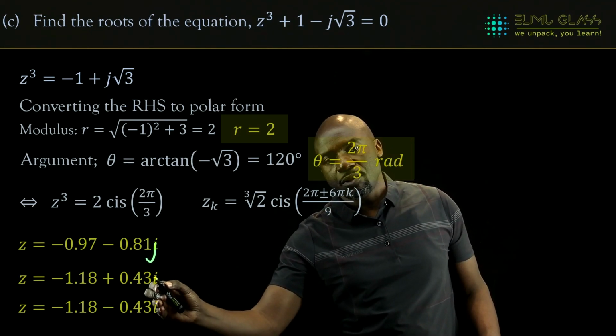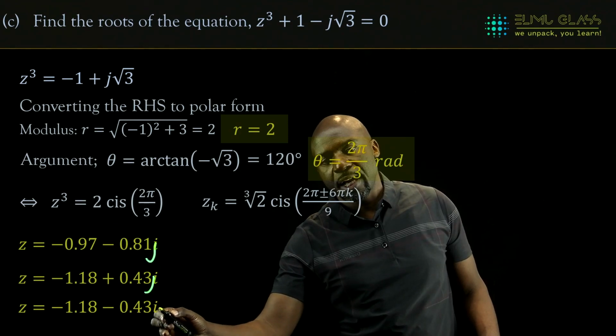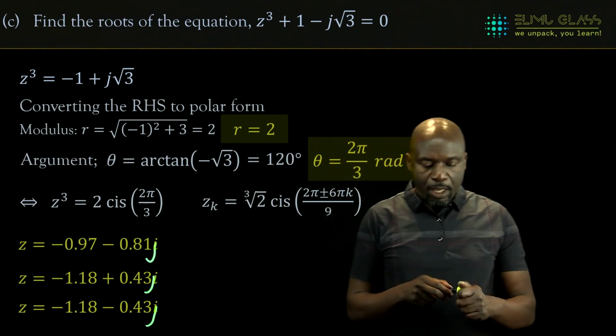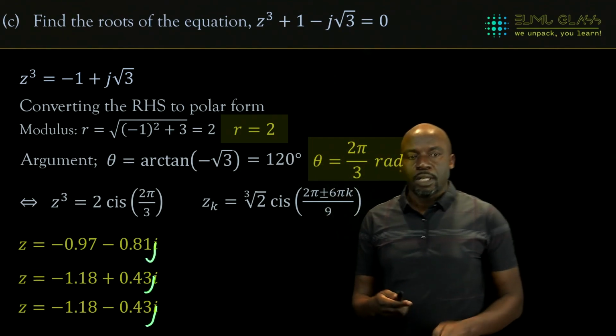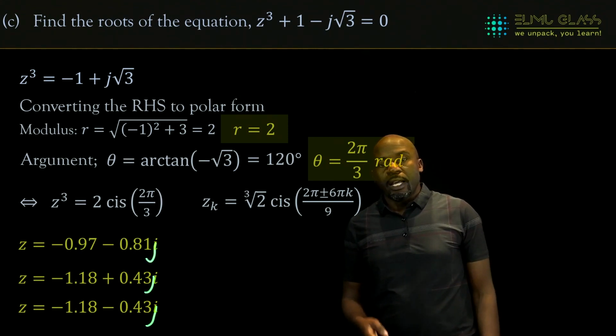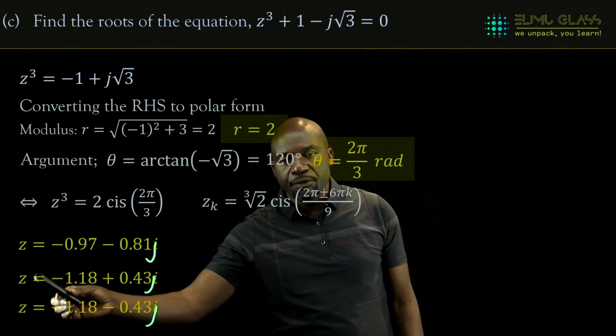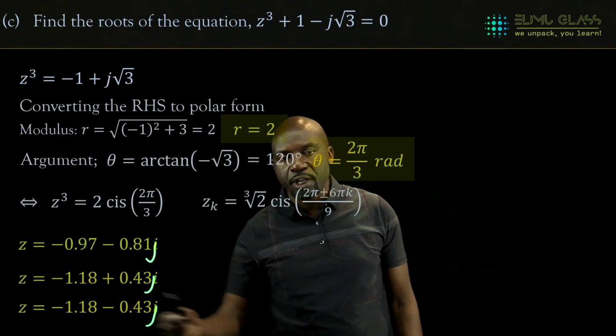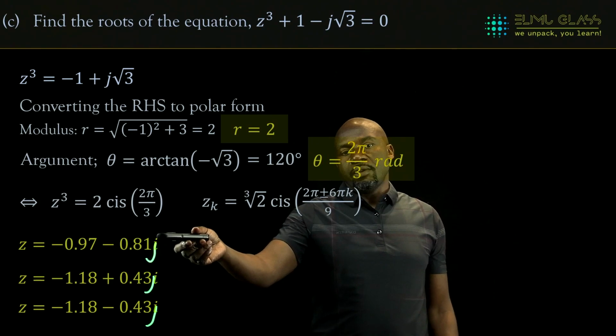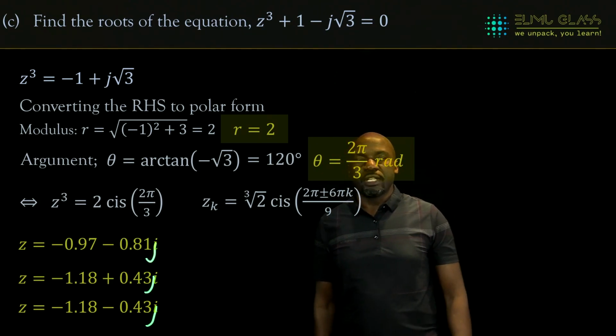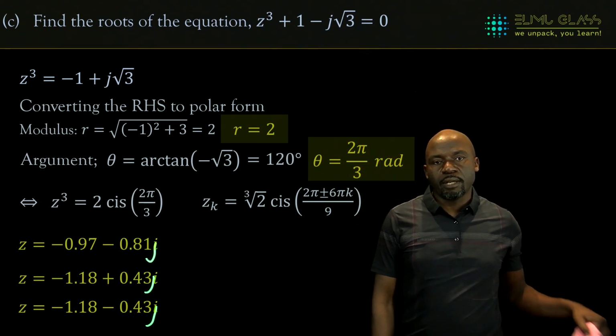For the student doing this question, j and i can be used synonymously. These are the answers you get. I can see that 2 of the solutions are conjugate pairs, but the other one is a complex number that doesn't have a conjugate pair.